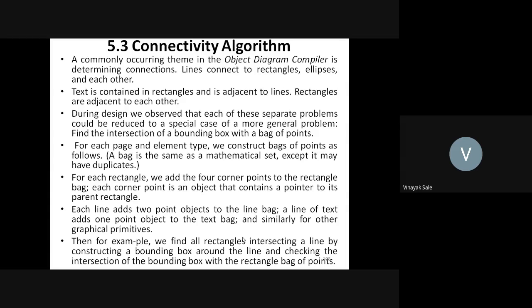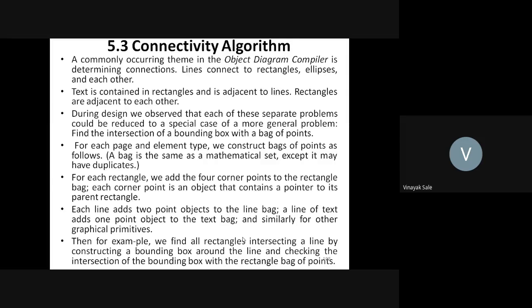Rectangles are adjacent to each other. During design, we observed that each of these separate problems could be reduced to a special case of a more general problem: find the intersection of a bounding box with a bag of points.